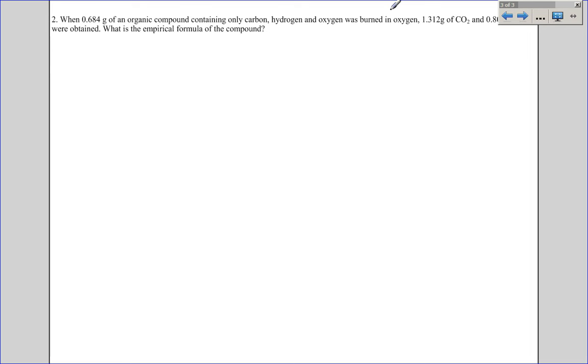Now we'll do a second example, and this example is slightly different because the organic compound that we're studying contains oxygen as well. So we've got the size of the sample, a 0.684 gram sample.